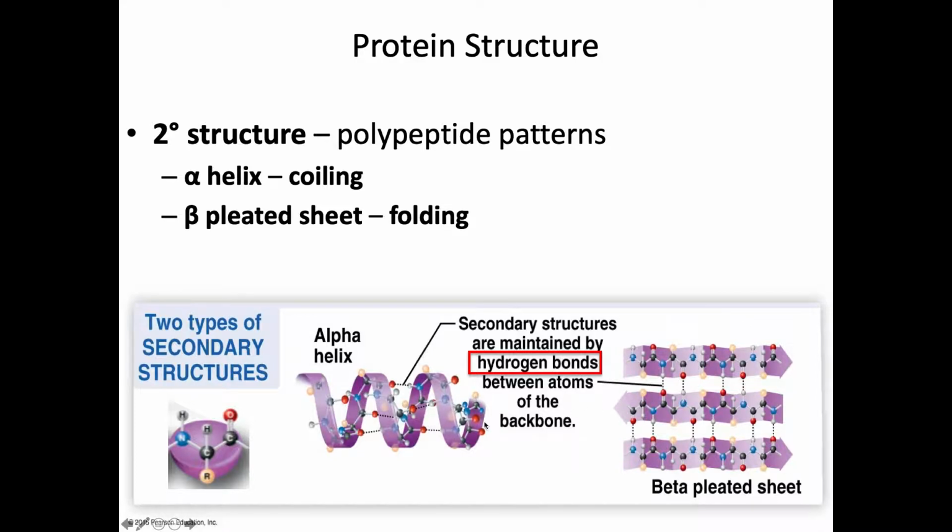Both of these are held by hydrogen bonds. Some proteins will consist only of alpha helix, some proteins will only consist of beta pleated sheets, or they can consist of a mixture of alpha helix and beta pleated sheets. It depends on which protein it is, what the amino acid sequence is.